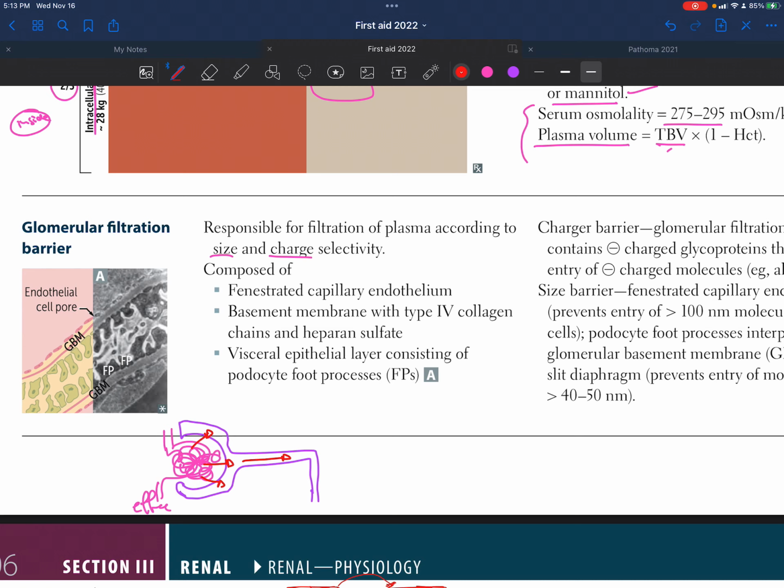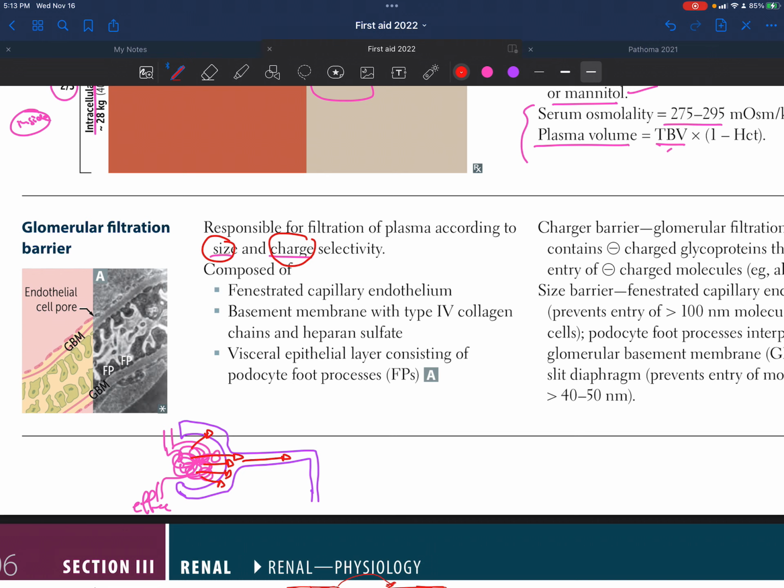There are a few barriers that these filtrates or solutes going from the blood into the urine need to encounter. What gets filtered, apart from what does not get filtered, is based on the size and the charge of the filtrate.